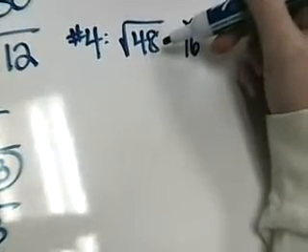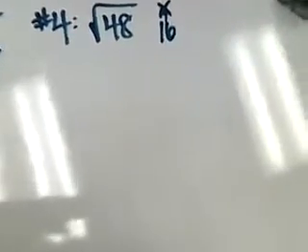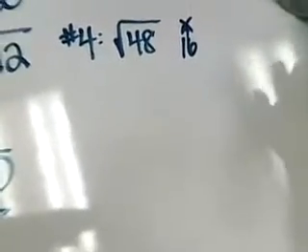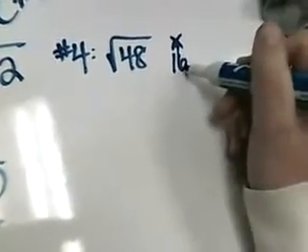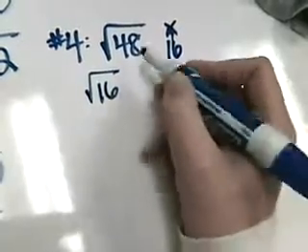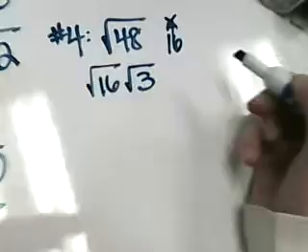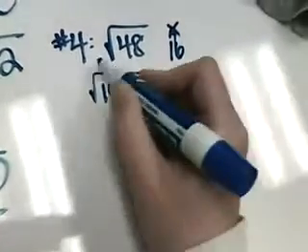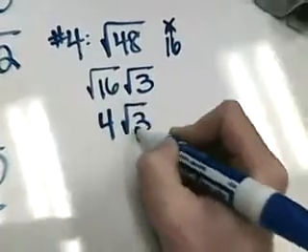That doesn't come out evenly. 36. No, that's a decimal. And then I go to 49, which is bigger than 48. So the biggest perfect square that will come out of 48 evenly is 16. And 48 divided by 16 is 3. Now I can clean this up. The square root of 16 is 4. Square root of 3.